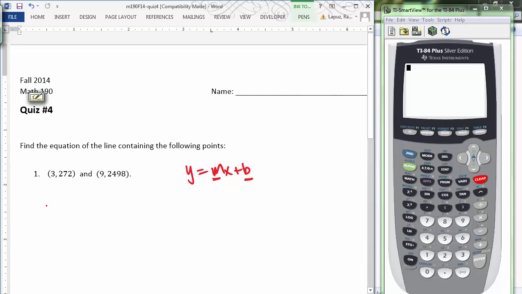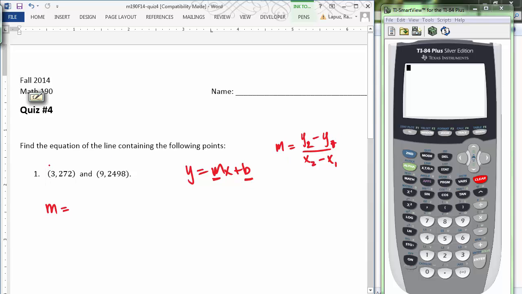So let's find those. m is going to equal, the formula for m is a difference in y's divided by the difference in the x's. The order doesn't matter as long as you're consistent, but I think I've put x2 and y2 first, so let's stay with that.